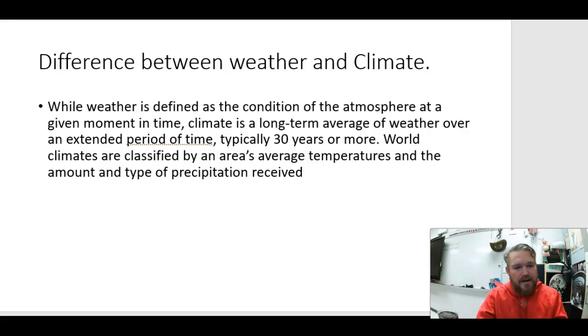If I walk out right now, what is the atmosphere doing? Is it raining? Is it cold? That is my weather. Climate is an average of what the weather has been at a given location over time.